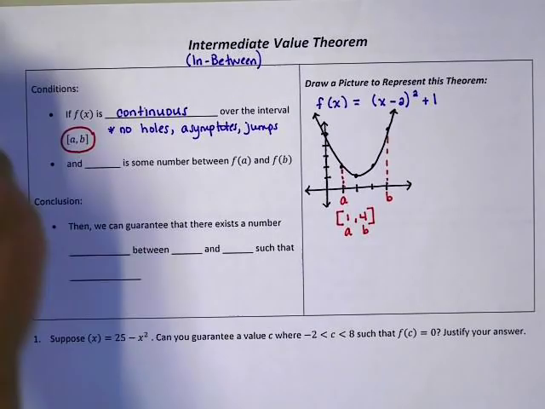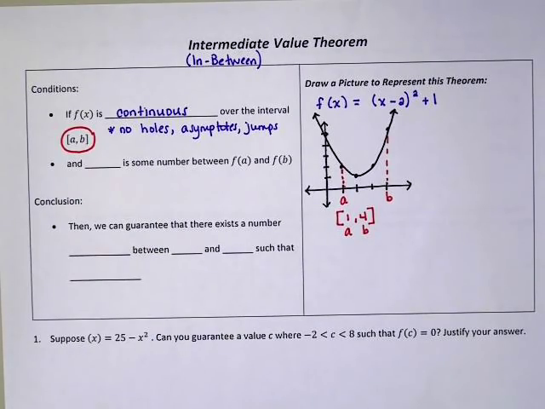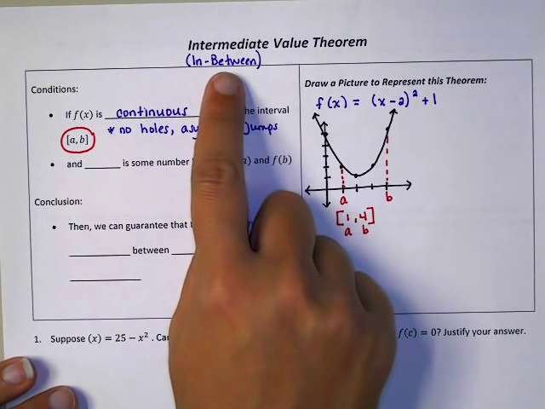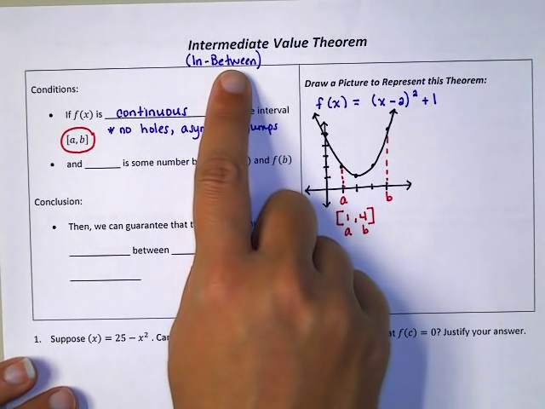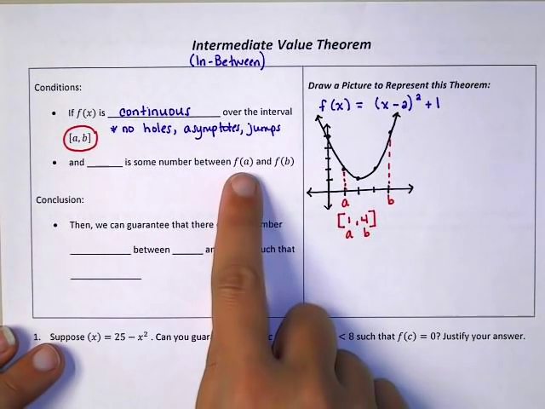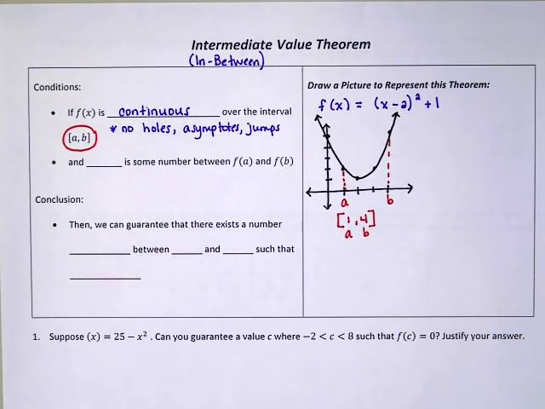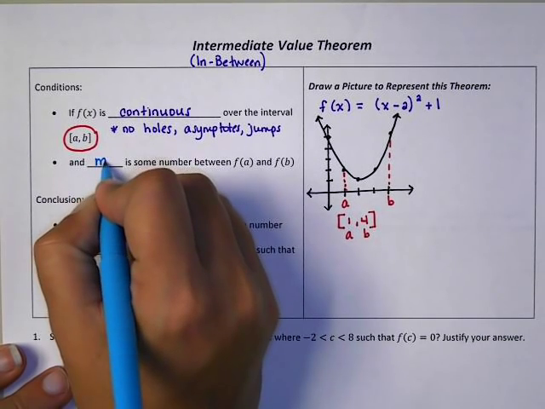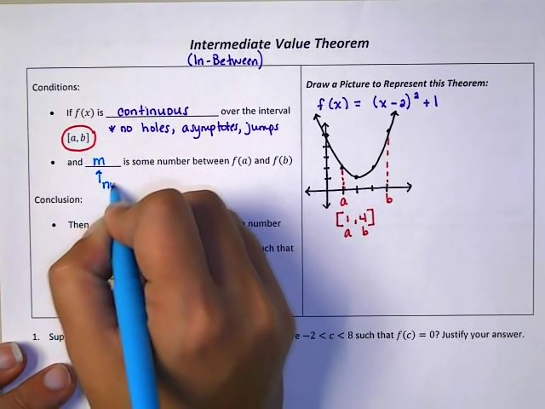Now the other condition, before we can even start using this theorem, is that the number that we are trying to guarantee has to be in between, again going back to in between, the values that we have at our endpoints. So the number we're trying to guarantee we usually call m. This is the number we're trying to guarantee.